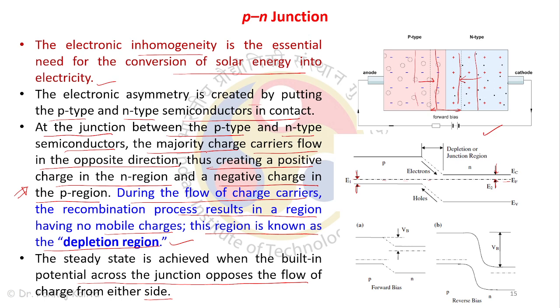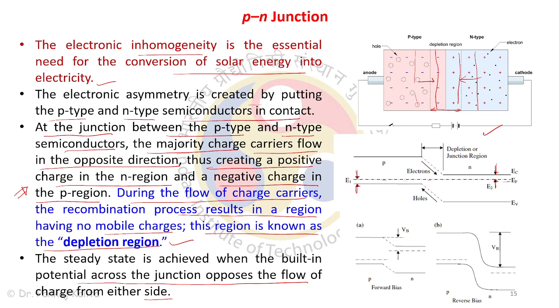Now, this p-n junction, you can see if this animation is quite visible to you. In p-type we have excess of holes, in n-type we have excess of electrons, shown by these dots. Electronic inhomogeneity is an essential need for conversion of solar energy into electricity.